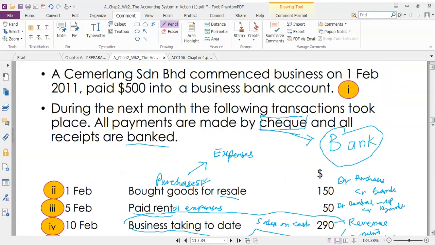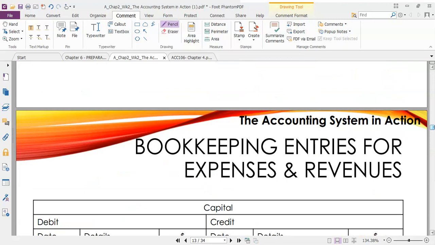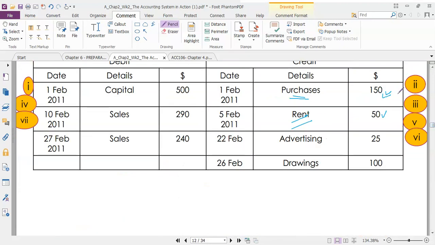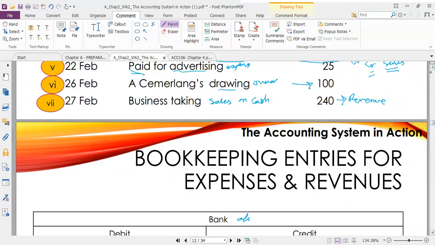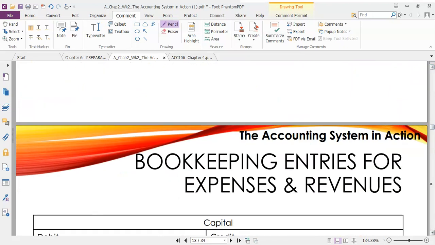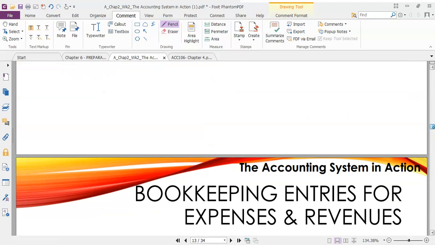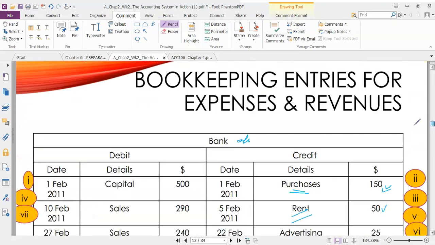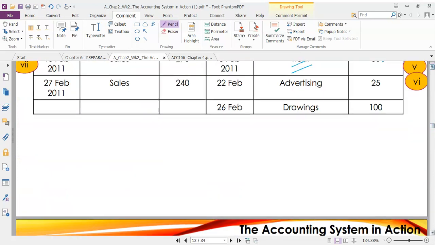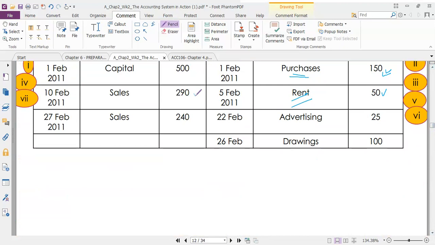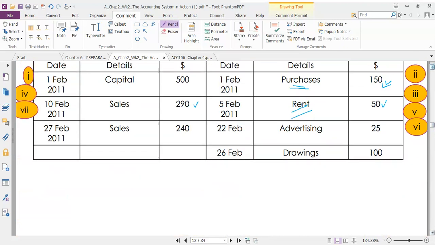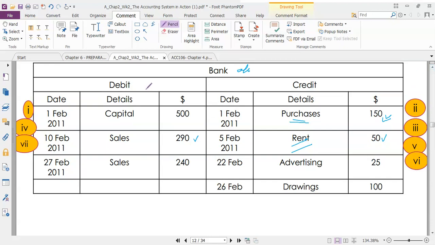So let's look at the bank account increase, 290. When the bank account is increased, it appears in the debit side 290. The details is sales.